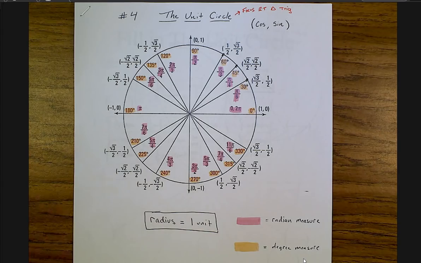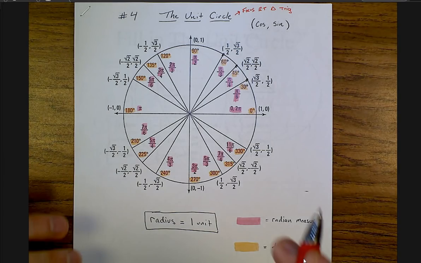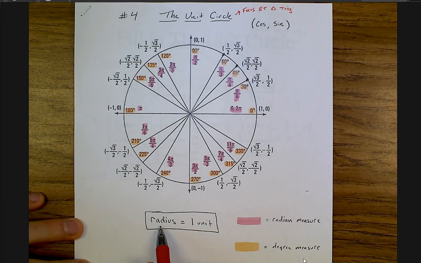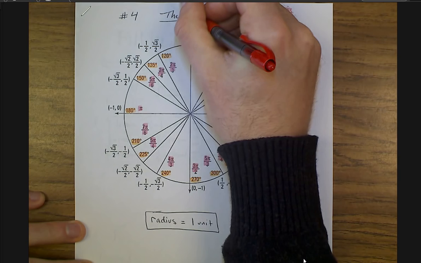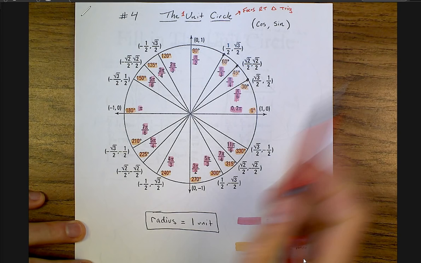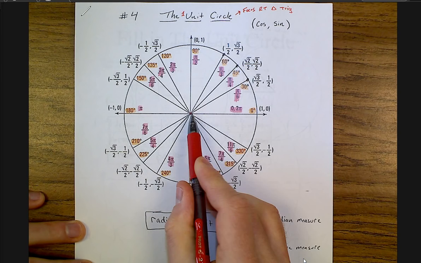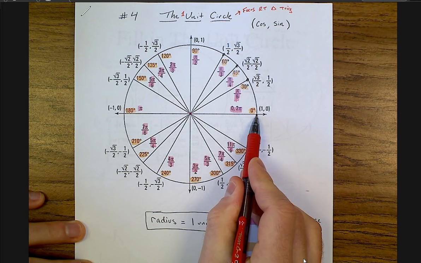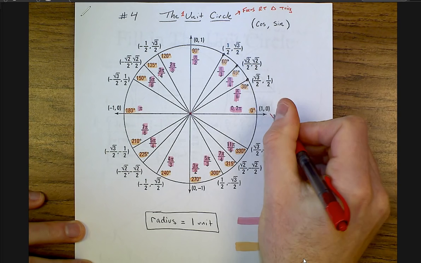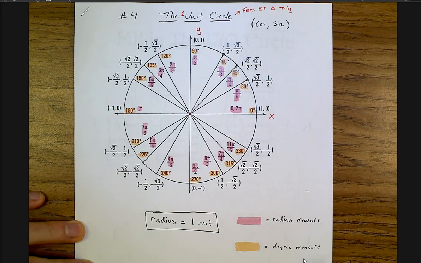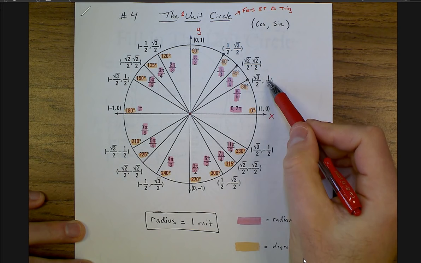The most important thing about the unit circle is that you understand that the radius is 1 unit. The reason we call it a unit circle, I like to call it the 1 unit circle, is because this is the center, and from here out is 1 unit. This is your x-axis, this is your y-axis, so it's still on the coordinate plane. You can see these are coordinates here, and it's 1 unit.